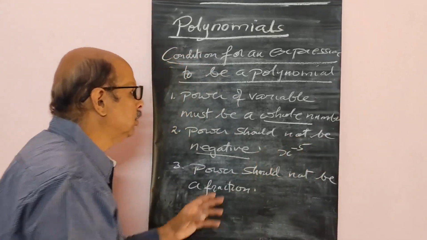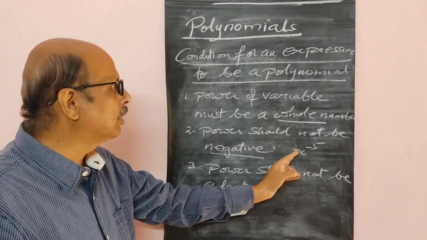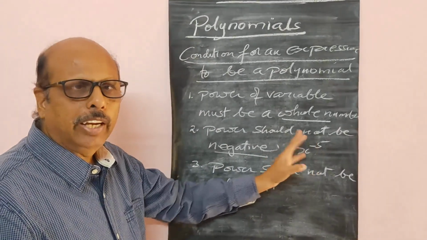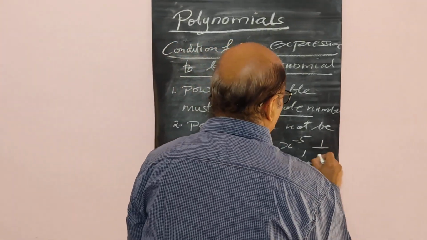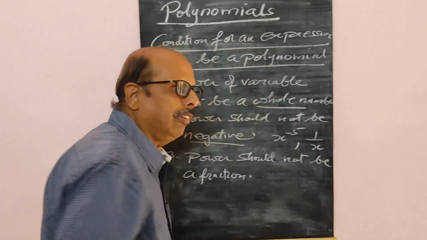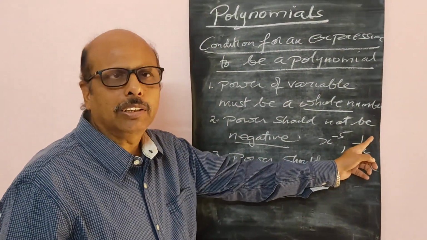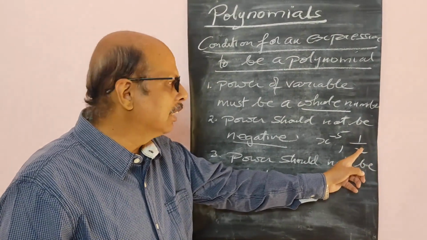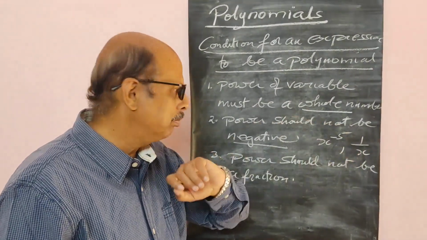Therefore, it is not an algebraic expression, or you cannot say it is a polynomial. Or 1 upon x. When I write 1 upon x, it means x raised to minus 1. So here again the power will be negative. It is not a polynomial.